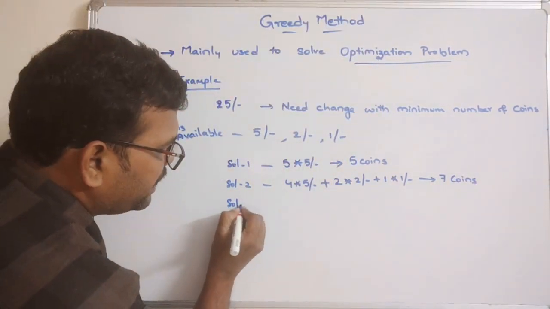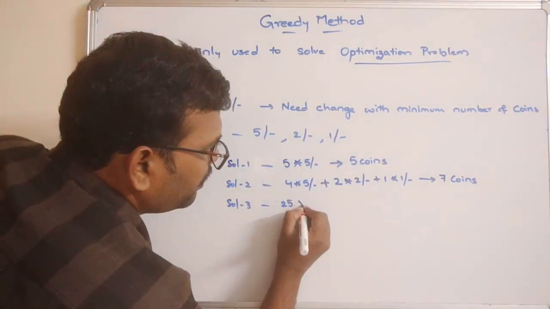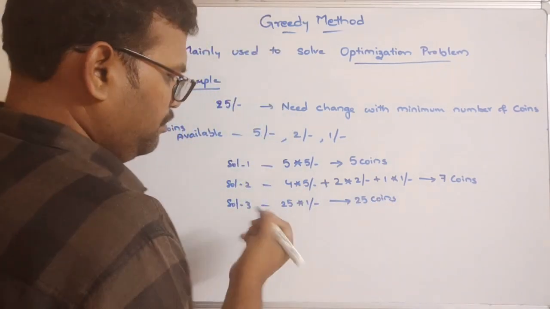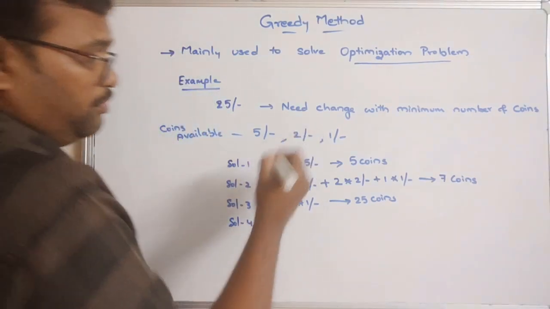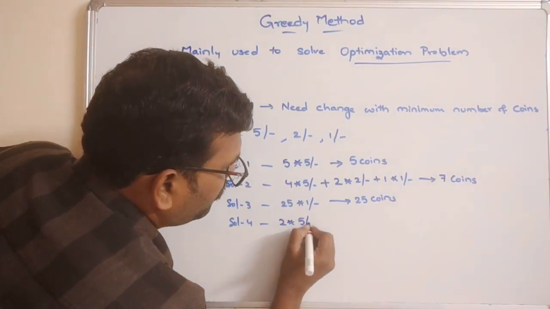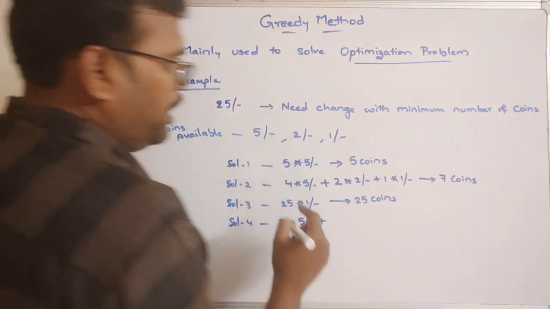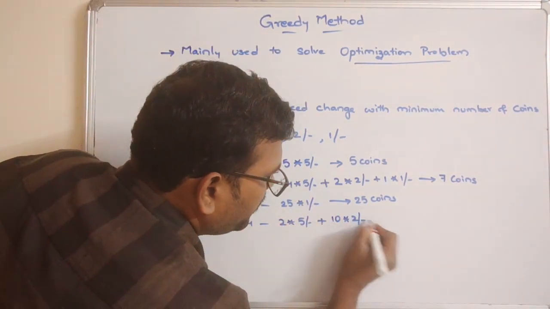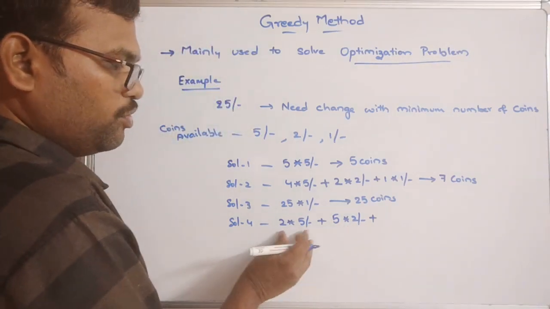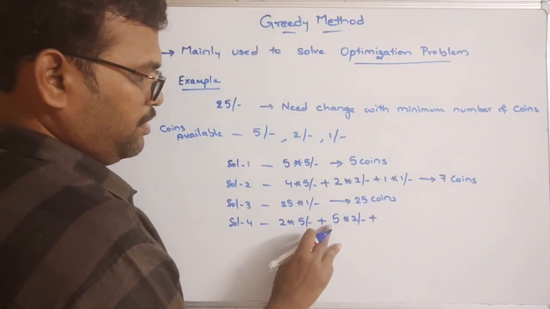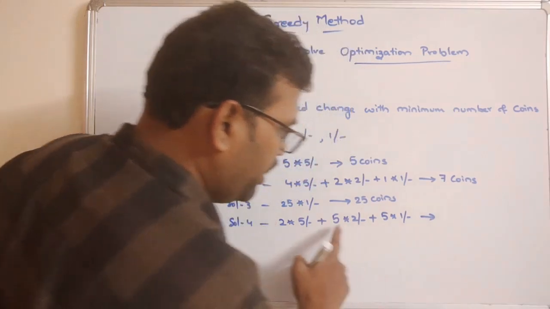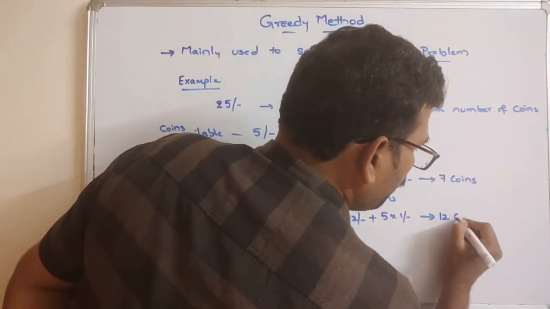Solution 3 is 25 into 1 rupee, which requires 25 coins. Similarly, solution 4: 2 into 5 rupees is 10, and 5 into 2 rupees is 10, which makes 20, plus 5 into 1 rupee. In total, 2 plus 5 plus 5 is 12 coins.